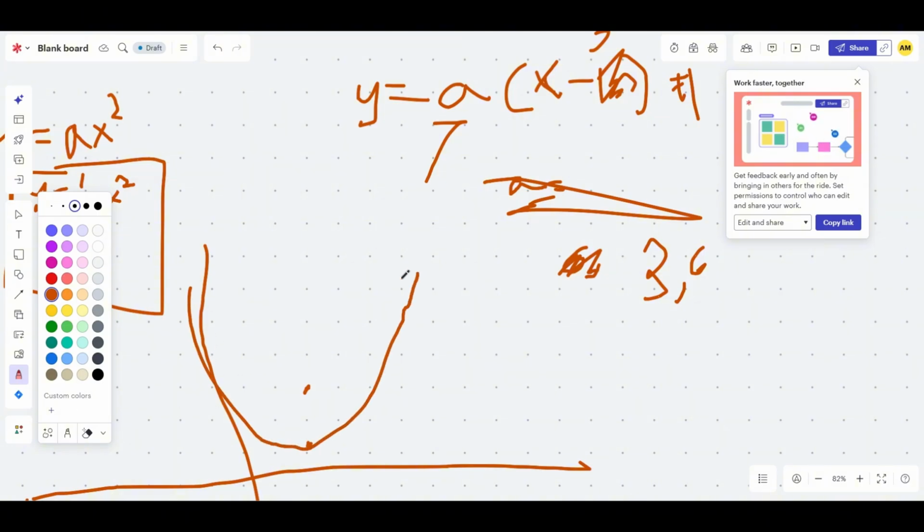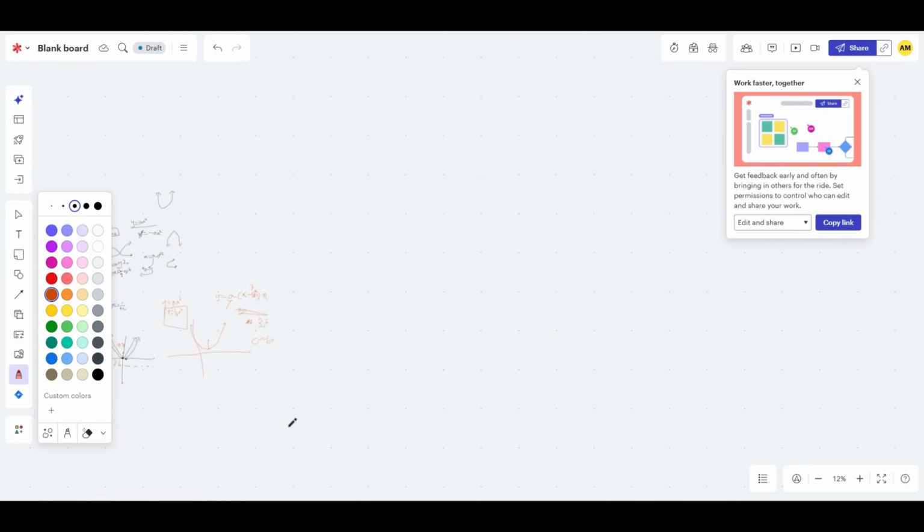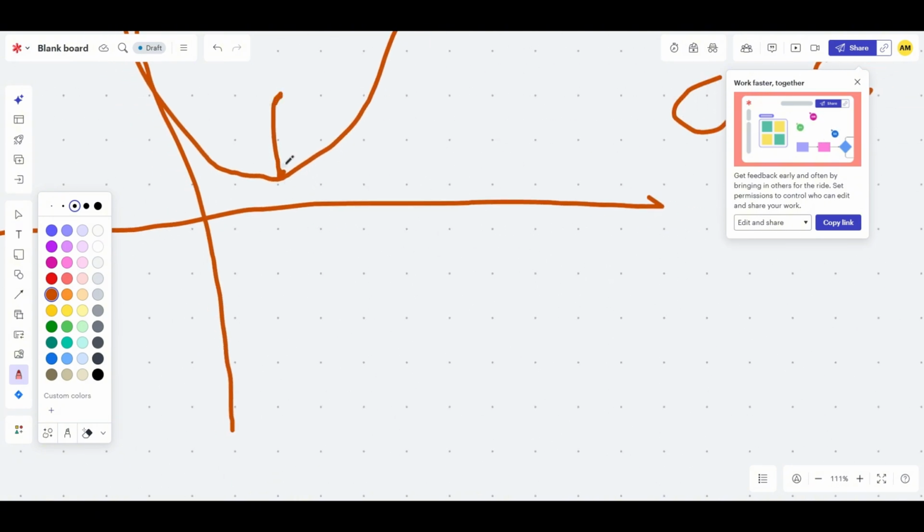Okay, so if you want to find the directrix, we have to find how much distance it is from the vertex. We just don't say, oh, c is 6, because that's incorrect. Since the directrix is c distance away from the vertex, and the focus is 6 up, after that I have to go 6 down, and that will be your directrix.